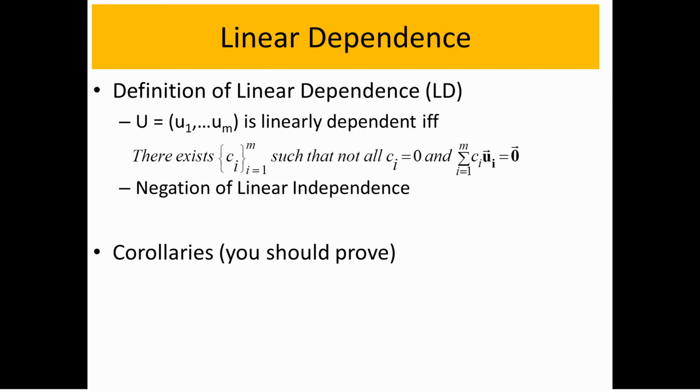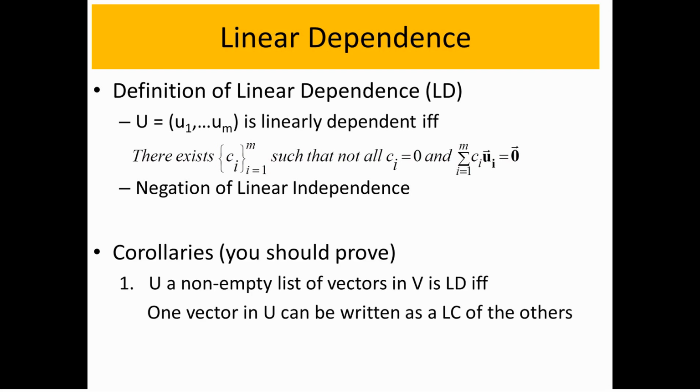Corollaries that you should prove. First, you should prove that if we have a non-empty list of vectors U, it's linearly dependent if and only if one vector in that list can be written as a combination of the other vectors in that list.